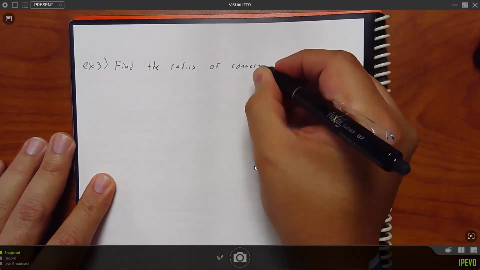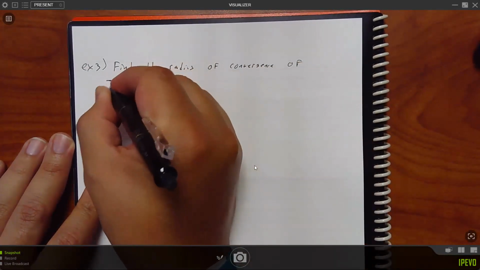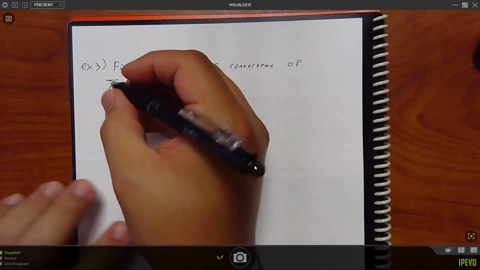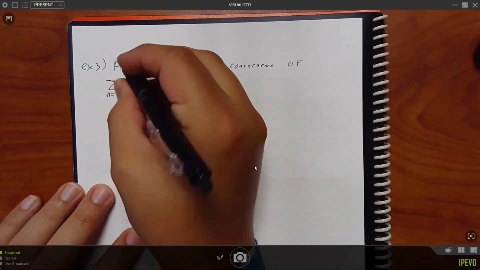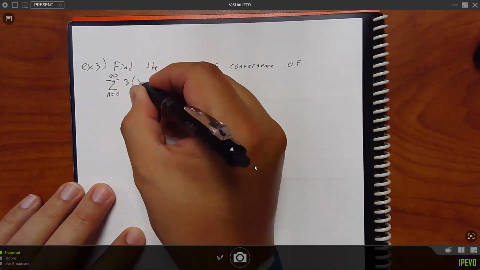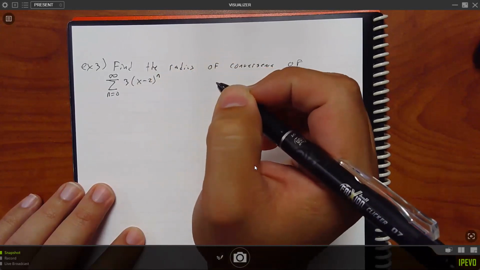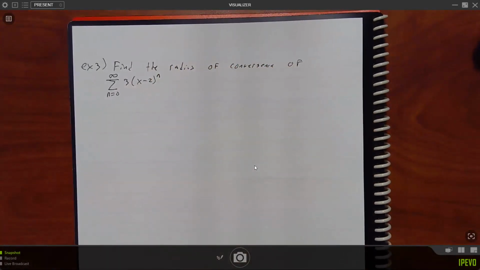Radius of convergence of the series here. But notice how it's no longer centered at 0. So here we'll have a different type of interval.